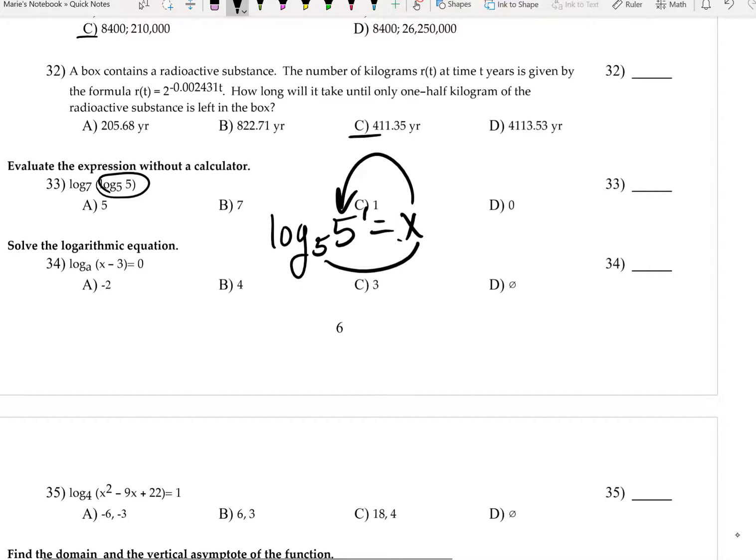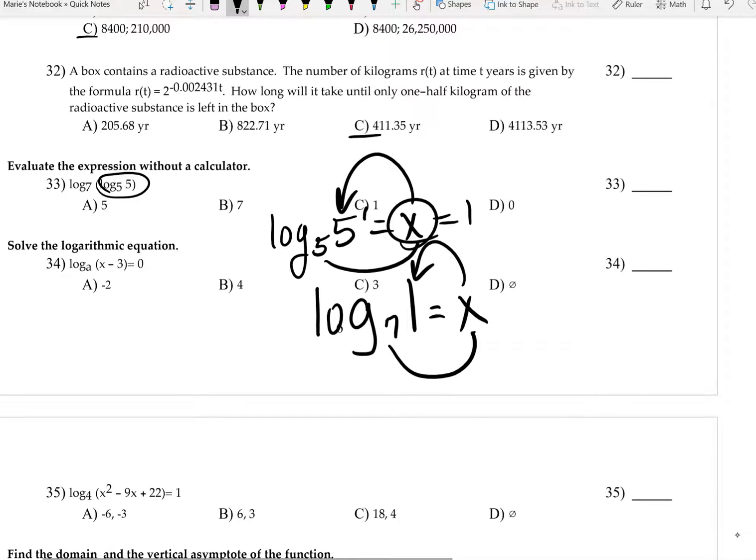So that tells me that this value is actually equal to 1, right? So that means that I have log base 7 of 1. Well, the only way that is true is if 7 to the x is 1, which would mean that x would have to be 0. So that would be your answer. Okay? 7 to the x, for that to be 1, that has to be 7 to the 0 is equal to 1. Therefore, your answer is 0.